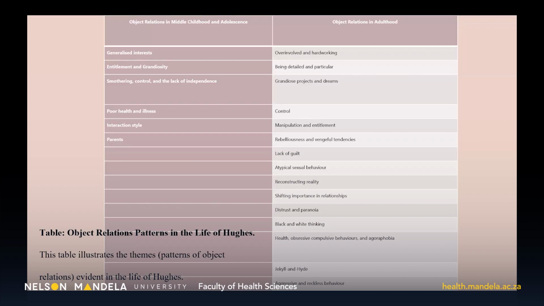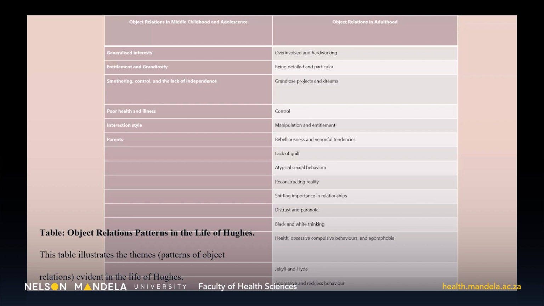Later, as an adult, there were themes around being over-involved and hardworking, detailed in particular, again, grandiose, controlling, manipulative and entitled, rebellious and vengeful, lacked guilt, atypical sexual behavior, how he would reconstruct reality. He'd shift importance in relationships. So at some point, somebody's important and then they're not.